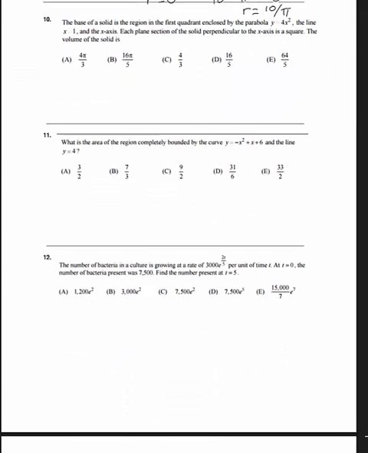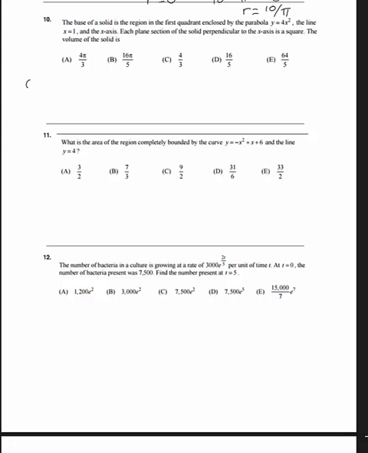All right, next question we have is base of a solid in the first quadrant, and then it's telling you each section of this is a square, so each plane section perpendicular to this is a square.